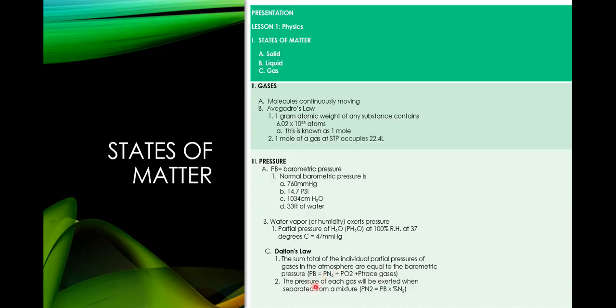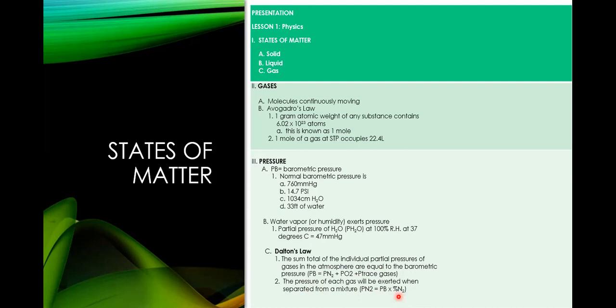But in order to find out what the pressure is of a certain gas, remember we just multiplied by barometric pressure, right? So for instance, to find the pressure of nitrogen in the air, you simply do barometric pressure times the percent of nitrogen. And percent of nitrogen was 78%. We have to do 0.78, right? Turn it into a decimal.